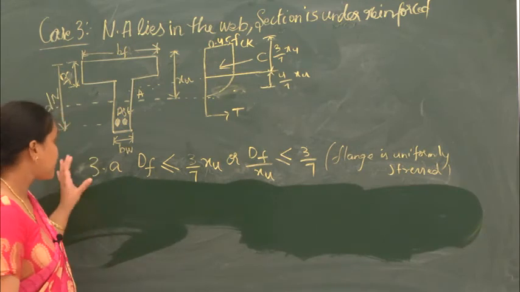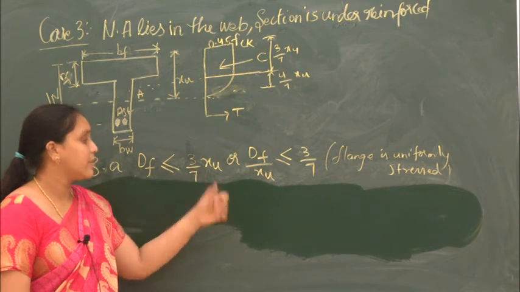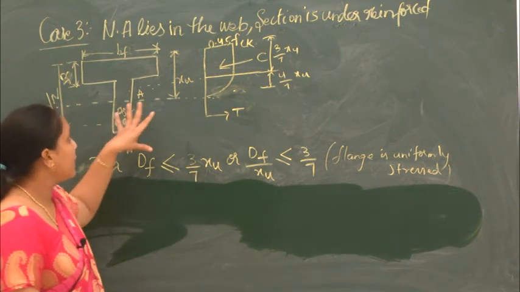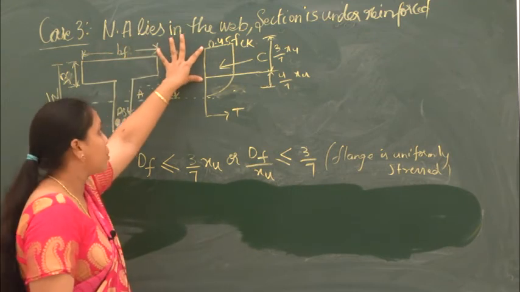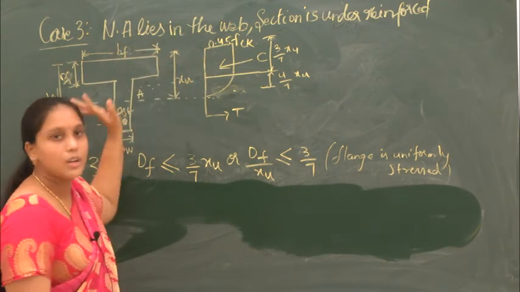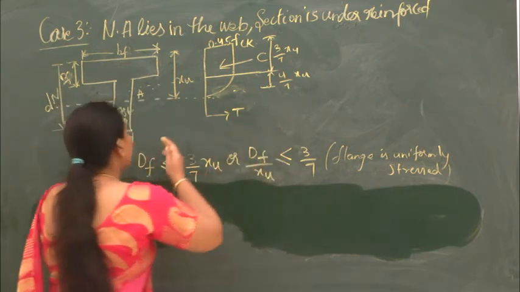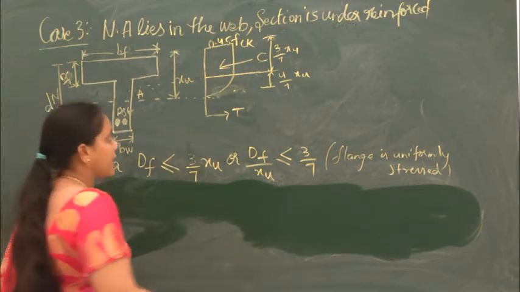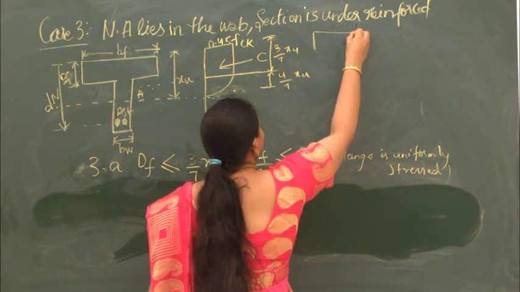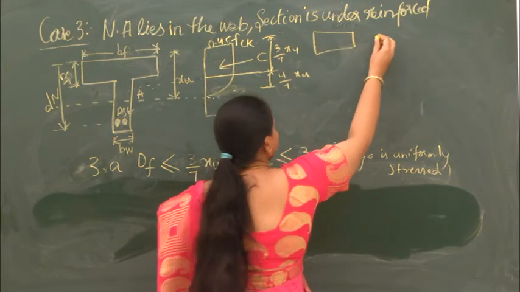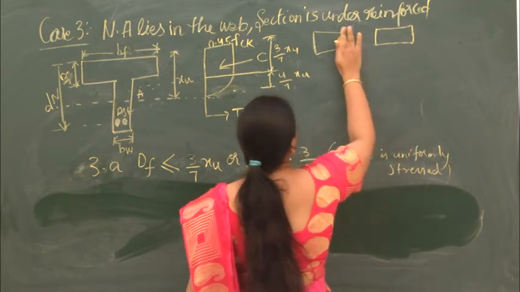Here the flange is within this rectangular portion, so the flange is uniformly stressed. So let me divide this T section into two parts. One part is going to be only this portion, that is, I am going to remove the rectangular portion.